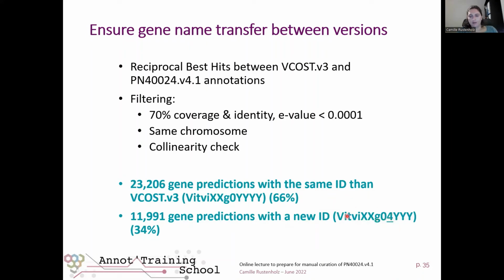Just to remind you of the naming system in grapevine: it starts with VITV for Vitis vinifera, then 2 digits for the chromosome number, then a G for gene, 0 always, and then 4 unique digits being the name of the gene. And so, as I told you, when we have a name that has never been given before, except now in the v4.1, it starts with the 4. So 4,000 whatever.